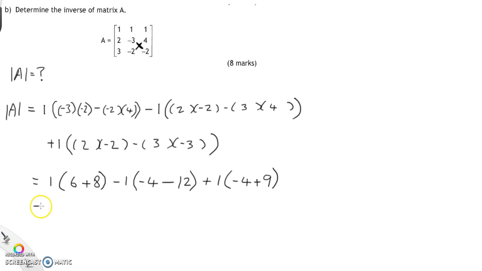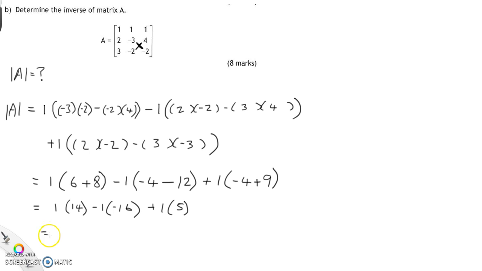So tidying that up another step, we'll have 1 multiplied by 6 plus 8 is 14, minus 1 multiplied by minus 16, plus 1 multiplied by minus 4 plus 9 is the same as 9 minus 4, that gives us 5.